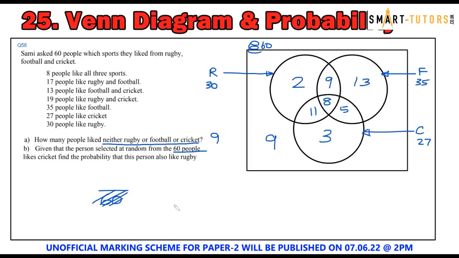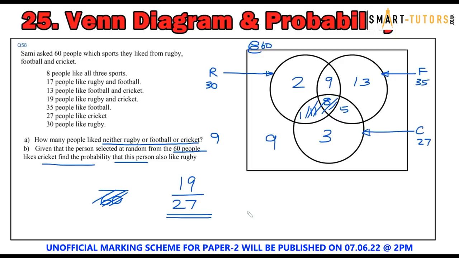The cricket circle altogether is 27. Inside the cricket circle, this person also likes rugby. So people who like cricket and are also in rugby is this area. 11 plus 8 is 19. So 19 over 27 is the answer for the B part.